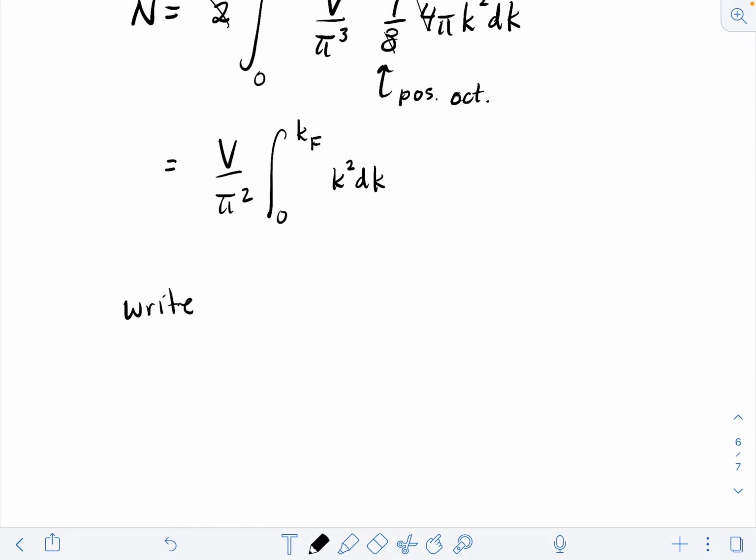What we're going to do is write dk as dk over d epsilon times d epsilon. The reason we're doing this is because when we want to go back and compare to equation star, it is written as an integral over energy, and so we want to convert the integral that we have now to something that's not an integral over k space, but an integral over energy.